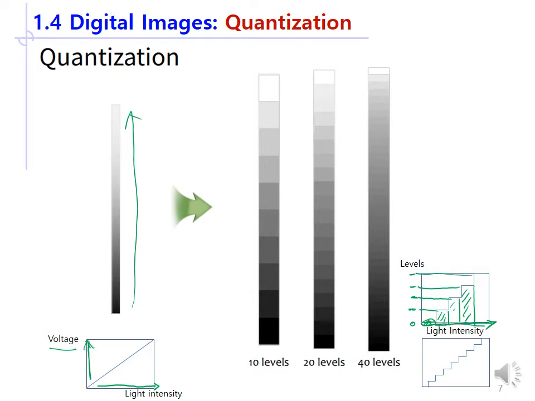So the continuous signal is mapped to a limited number of values. This is quantization. You can see the difference between 10 levels, 20 levels, and 40 level quantization. When you use more levels, you will get smoother images.